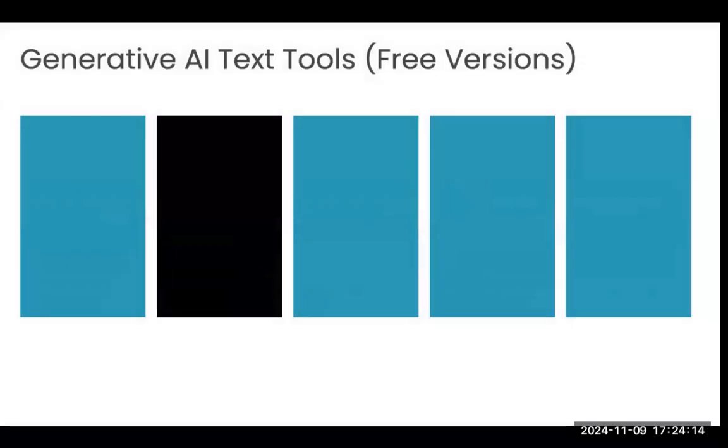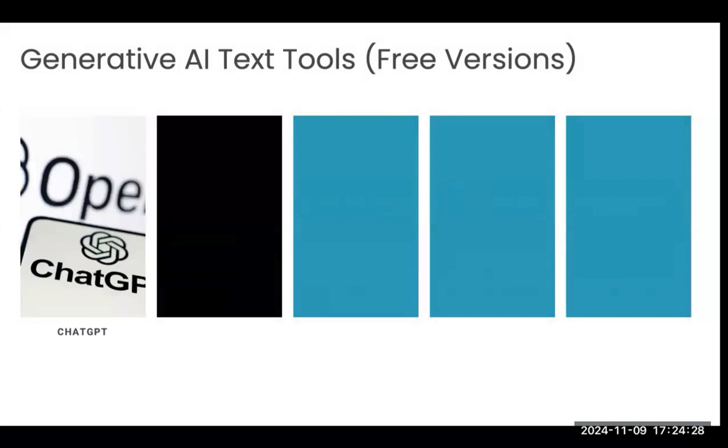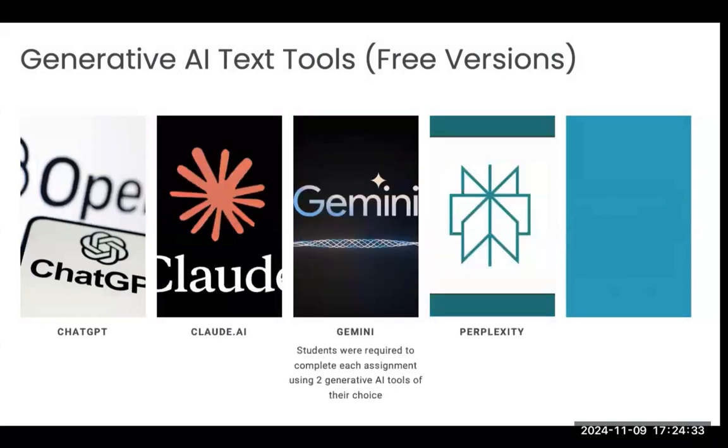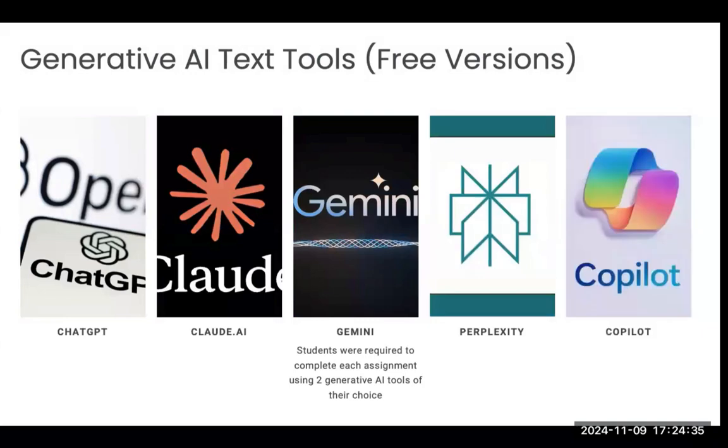So additionally, we carefully selected a range of AI tools for our students to work with, and these tools include some text-based tools such as ChatGPT, Claude AI, Gemini, Perplexity, and Copilot.